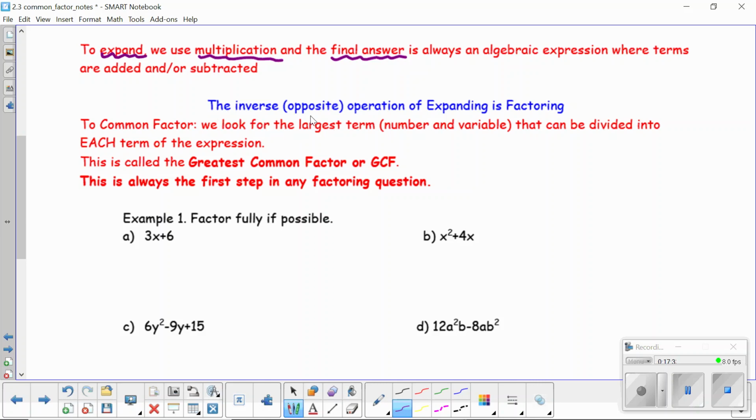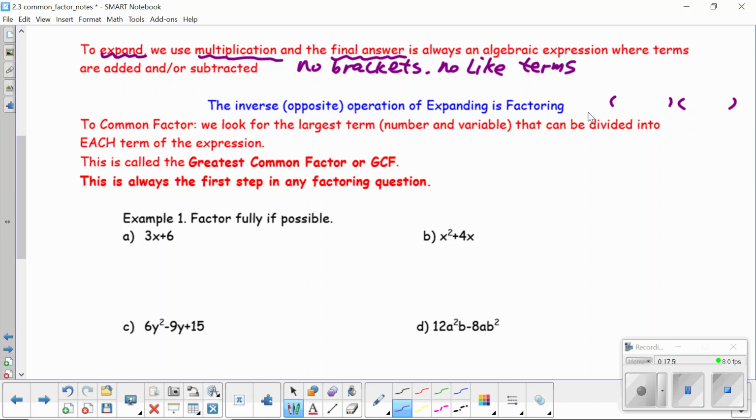The backward of expanding is factoring. For factoring, you will have brackets. For expanding, you don't have brackets. So the final answer has no brackets and no like terms; that is for expand, or we call it simplify.